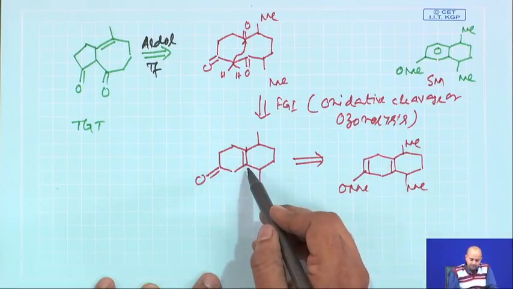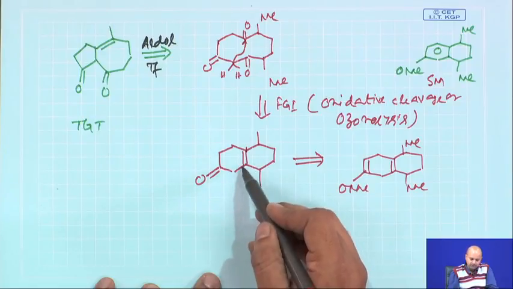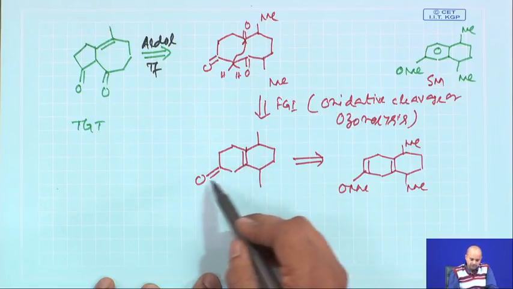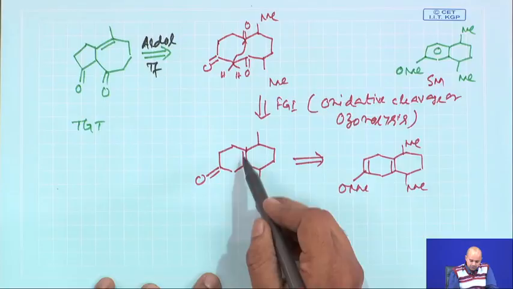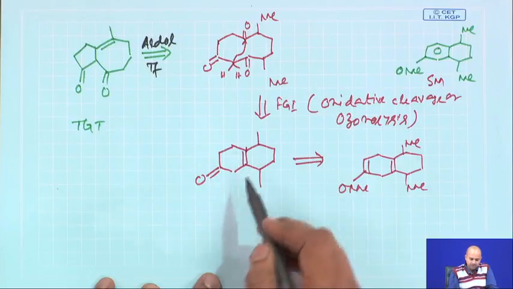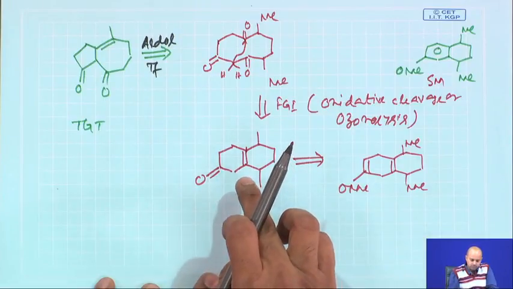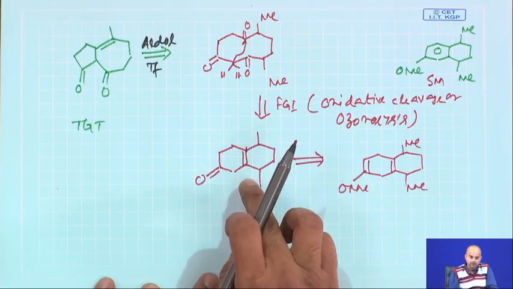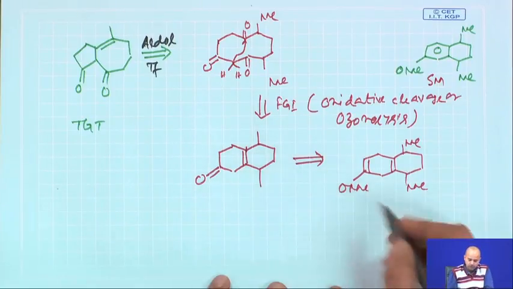Now, this ketone has a tremendous tendency to isomerize here, because the rearranged one is an alpha, beta unsaturated ketone, but you need not take a longer time; you immediately subject it to ozonolysis.